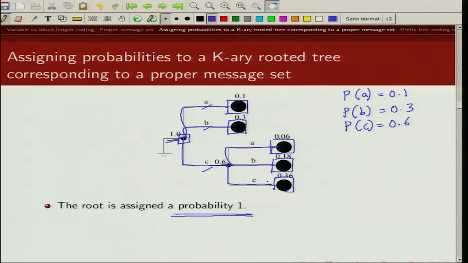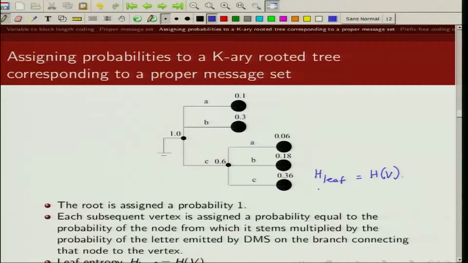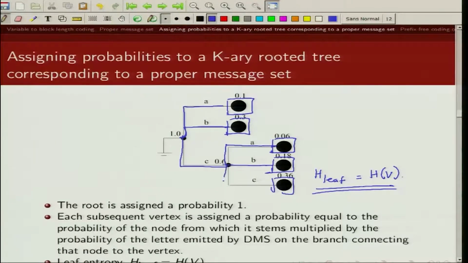That's how I am parsing my message sequence. So these are my Vi's, right? And so the leaf entropy, which is the entropy of these leaves, is nothing but the entropy of V, because this is how I am parsing my source. So this leaf entropy is given by H of V.